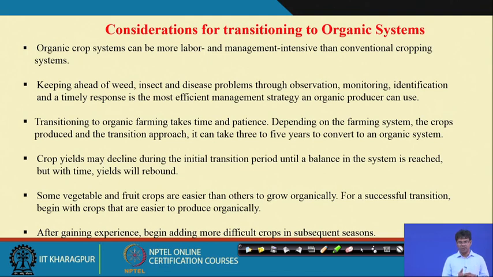So, the farmers or the manager should be prepared for the loss of yield, but this yield can rebound with time, because once the soil fertility gets built up, the yield from organic farming can be maintained same as chemical farming.